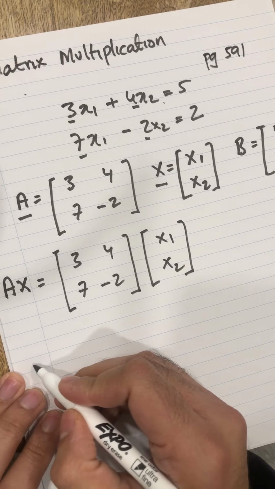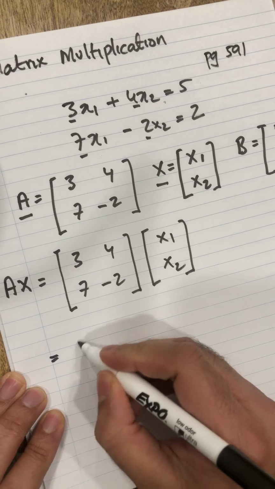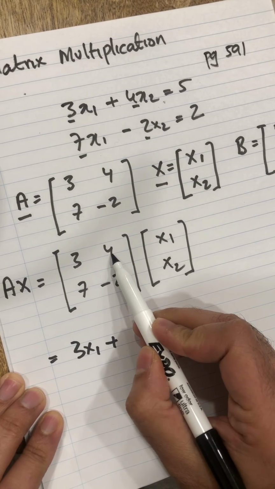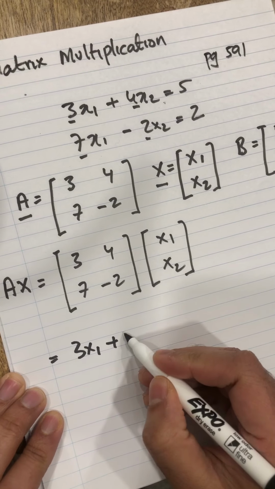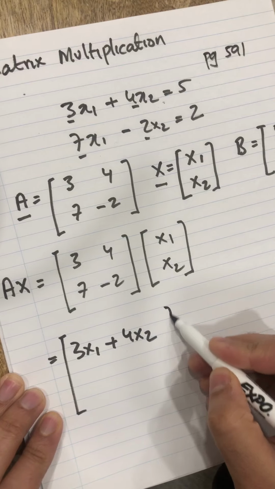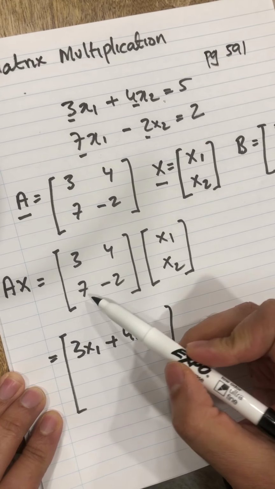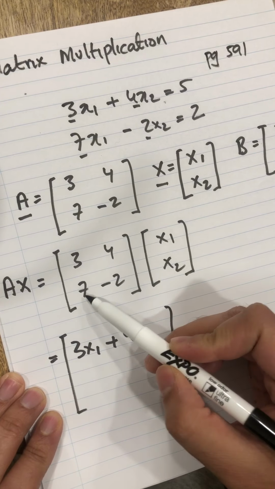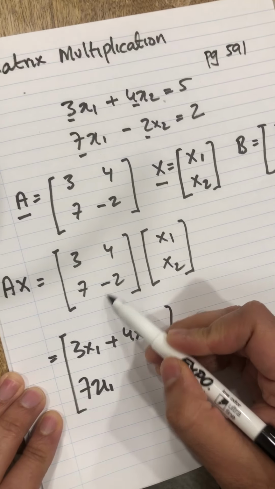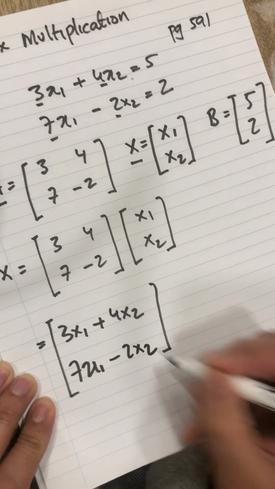Remember, when you multiply them, what will you get? 3x1 plus 4x2. That is row 1. There's nothing else to do, we don't have any more columns here. Then you just do it with the bottom row: 7x1, plus, into minus is a minus, minus 2x2.